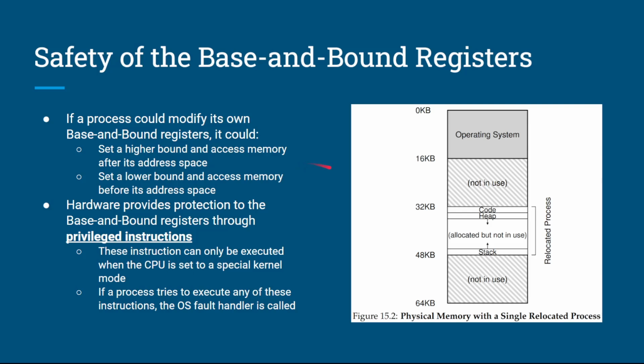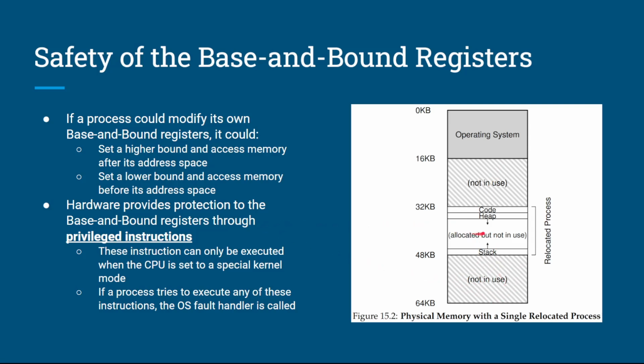So, how do we prevent a process from screwing around with these two registers? A process should not be able to modify the base and bound. If it could set a higher bound, it could access memory after its address space.